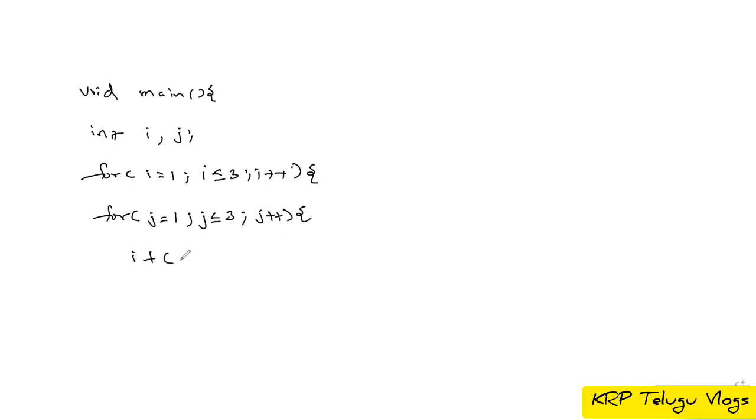So if i double equal to j, continue. Otherwise, printf percentage d, percentage d, new line, comma i comma j.